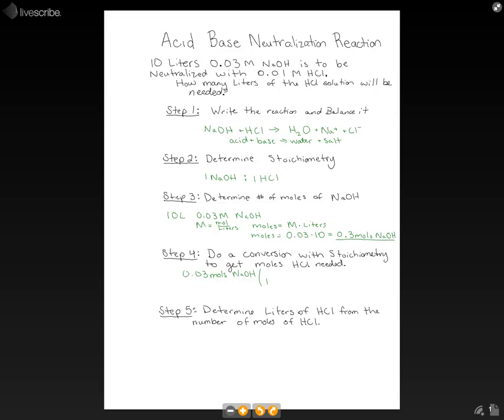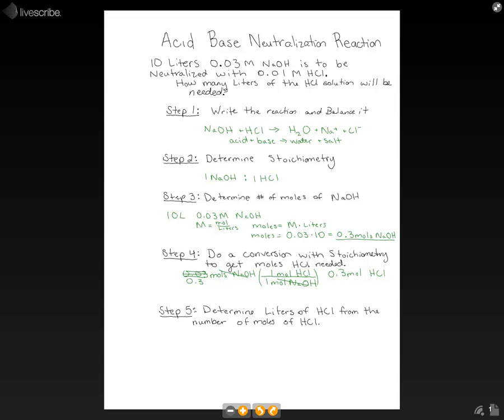For every 1 mole of NaOH, we use up 1 mole of HCl, and that comes directly from our balanced equation up in step 1. When we do that, our moles of NaOH will cancel, and we'll be left with 0.3 moles of HCl.